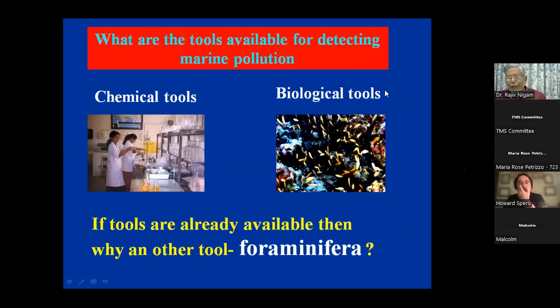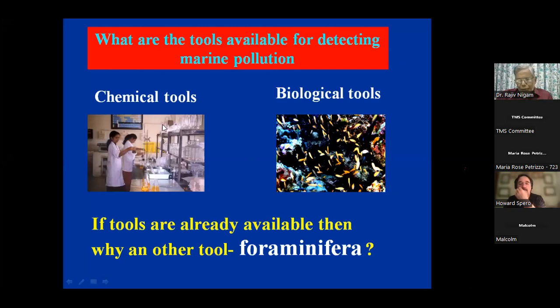When such a situation comes, the factory people, or the domestic municipal corporations, always say they are not polluting. But the local fishermen, whose lives depend on the coastal region, say they are polluting. So someone has to decide that. What are the tools to decide whether any factory or any domestic waste is polluting or not?